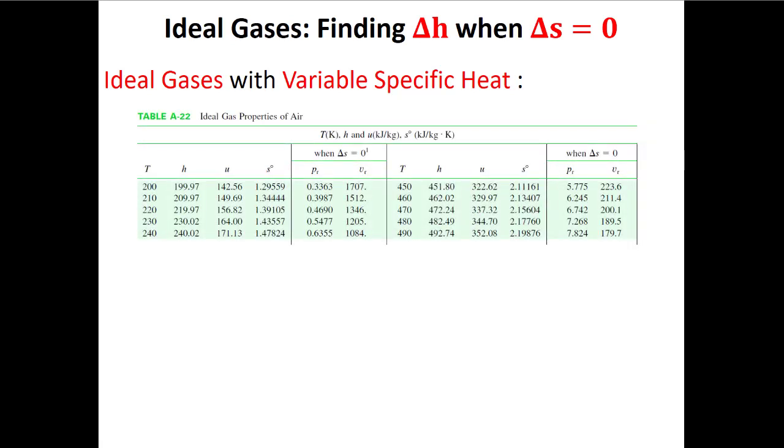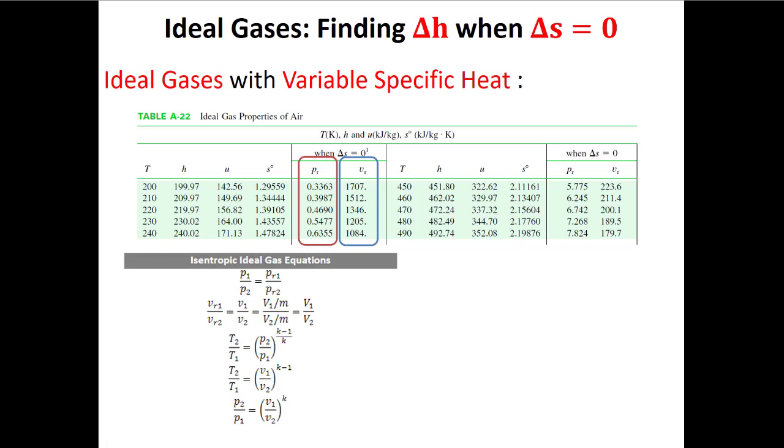And the table that we're interested in, if we're dealing with air, is A22, and then A23, I believe, deals with other gases. And the properties we'll be interested in here are the reduced pressure and the reduced specific volume. So P subscript R and v subscript R. But how do we use them?